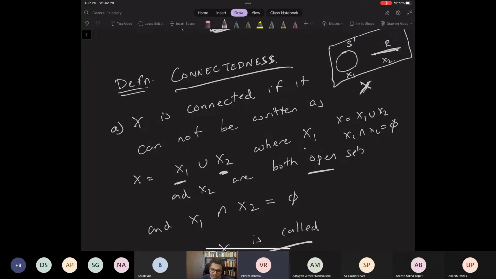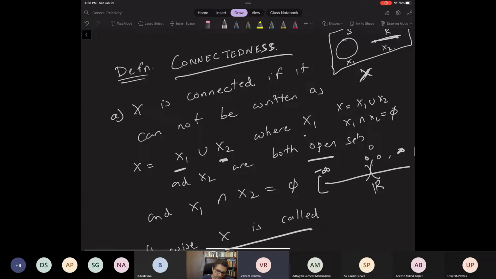But if you have a space like the real line, there is no way to write the real line as a union of two open sets which are disconnected from each other. Supposing you go up to the point 0, with minus infinity to 0 and then 0 to infinity, you're excluding the point 0. To include the point 0, I have to take an open set which overlaps.